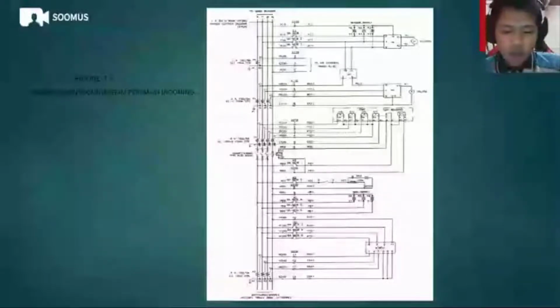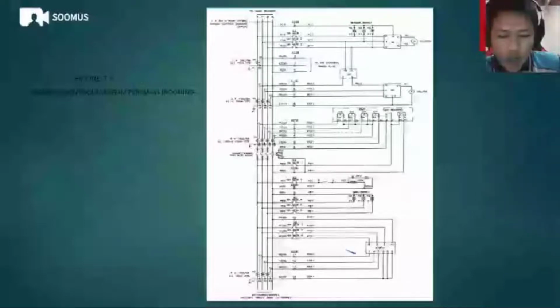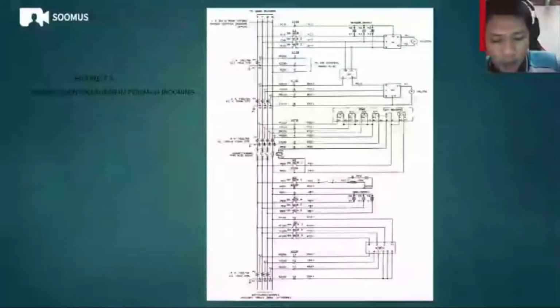So next, from the incoming, it will connect to the kilowatt hour meter for three phase, which is red, yellow, and blue. So the three of the incoming will be connected to the kilowatt hour meter as three phase.